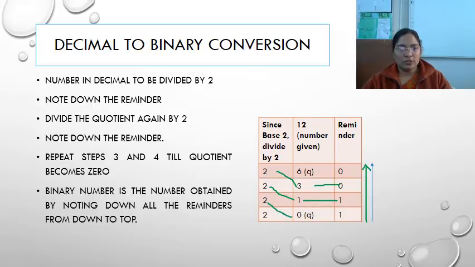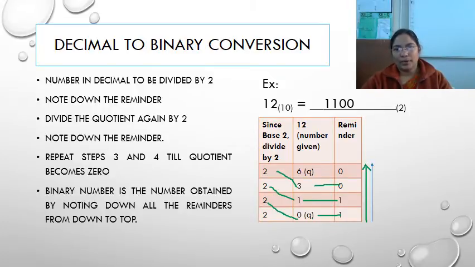Next, 2 zeros are 0, remainder is 1. So now the quotient became 0, isn't it? So we cannot further divide this 0. So we'll stop here and we note down the remainders in reverse order. So 1, 1, 0. That is the value equivalent in binary for the number 6.